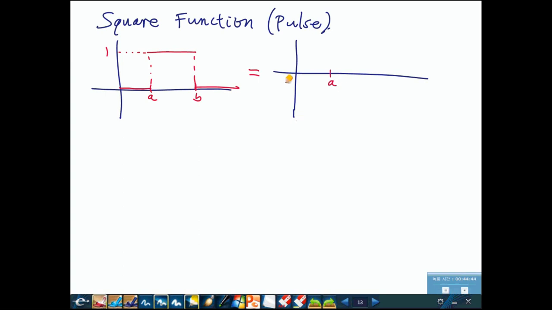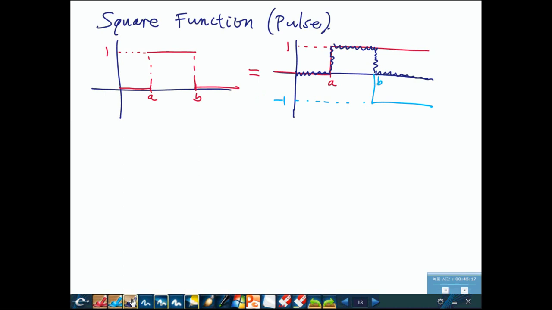From a, one step function is this, and the second step function is this. If you add them up, with plus 1 and minus 1, the final shape becomes this square function.